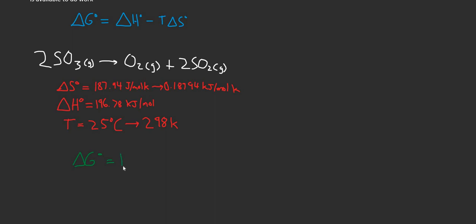Our delta H is 196.78, and we'll subtract temperature, which is 298, times delta S, entropy, which in kilojoules, and it's very important that you convert this into kilojoules. I cannot stress that enough.